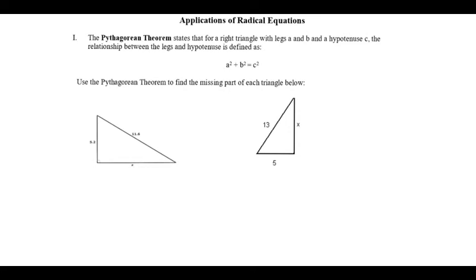Now your hypotenuse is always c squared, and it is the longest side. The legs make up the right triangle. So on this, there's a leg here, and here's a leg. They're always connected to that right triangle symbol, which you see down there. And the hypotenuse is always opposite that right triangle symbol.